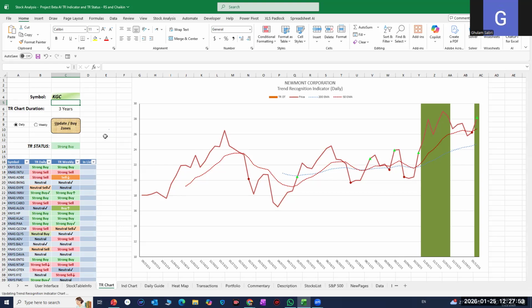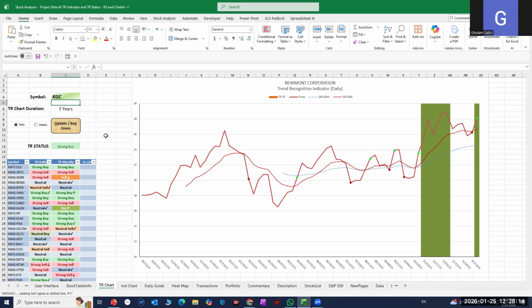Now this is the Excel version working, the same TR indicator, which was originally developed here first, but the AI version or the web-based version is much more versatile and powerful than the Excel version.